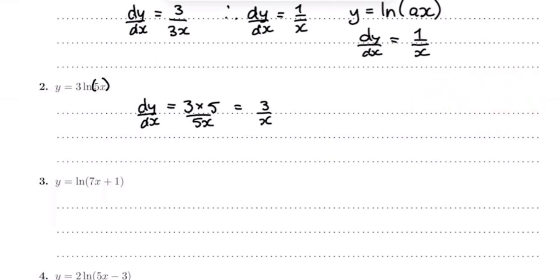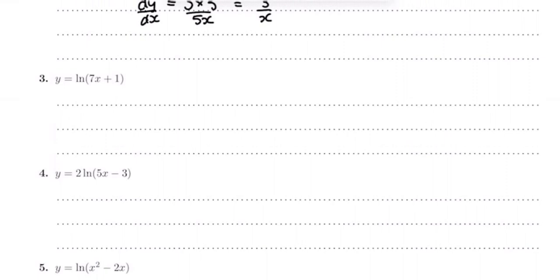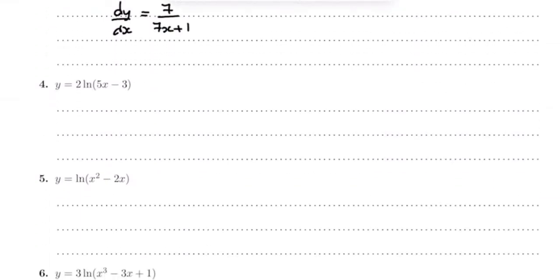Right, let's have a look at the next one. Okay, so again, notice we're logging 3x plus 1. So dy/dx, you differentiate the term or the function you're logging, you get 7, and then the function you are logging just becomes your denominator.